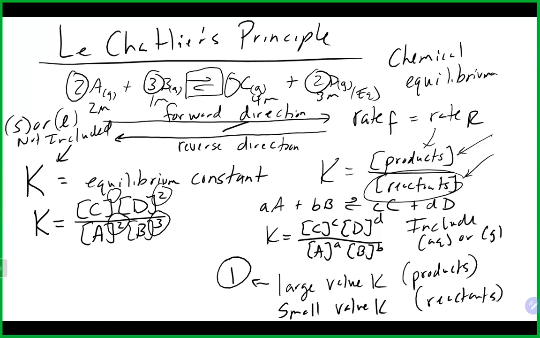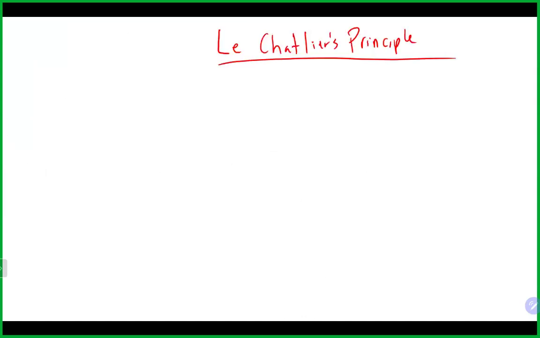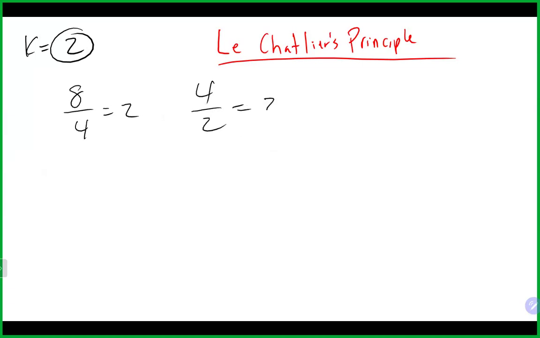And you might say, well, how could that be if you start with different amounts of everything? How does it come to the same number? A simple example: let's say we wanted to end up with a K value of 2. I could get 2 by having a ratio of 8 to 4. I could have a ratio of 4 to 2, that equals 2. I could have a ratio of 2 to 1, that equals 2.